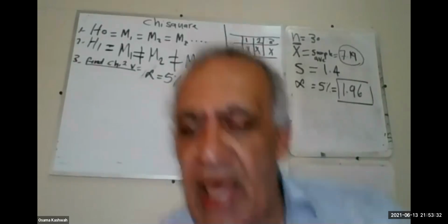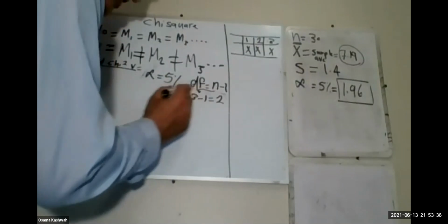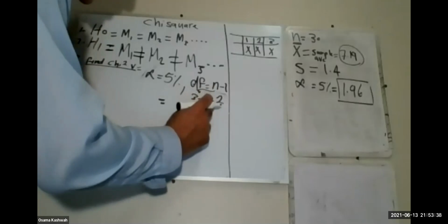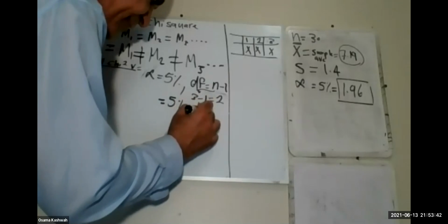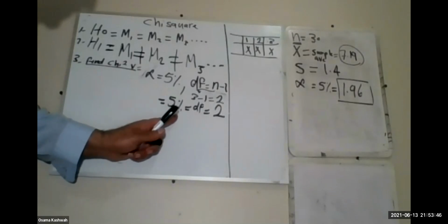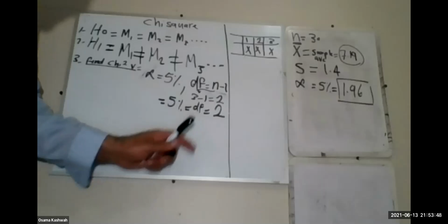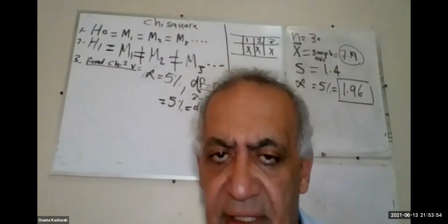Then I will look in the chi-square table with alpha 5% and degree of freedom equals 2, and see what the result is there.